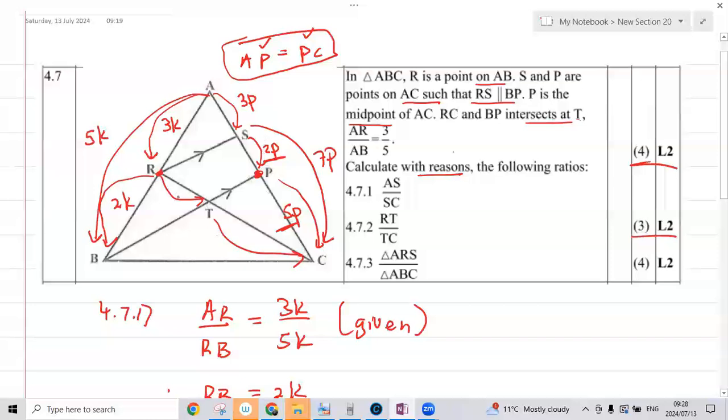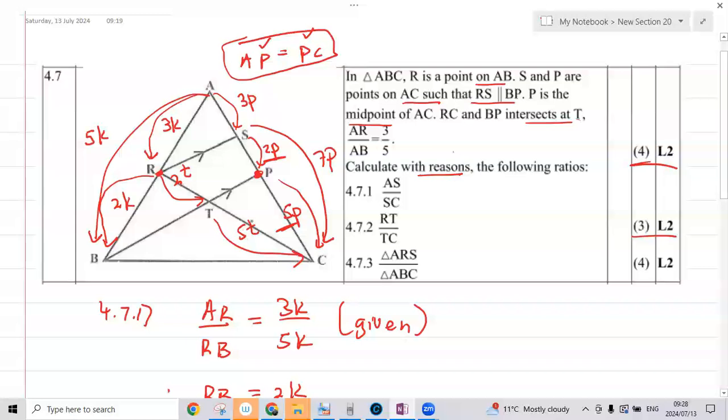We can call this now another variable, remember? So that will be what? Let's use, so we got SP, let's call that 2T there, and let's call that 5T there, right? Because the sides are in proportion. So therefore, we can say RT over TC must equal 2T over 5T, which is going to be 2 over 5.